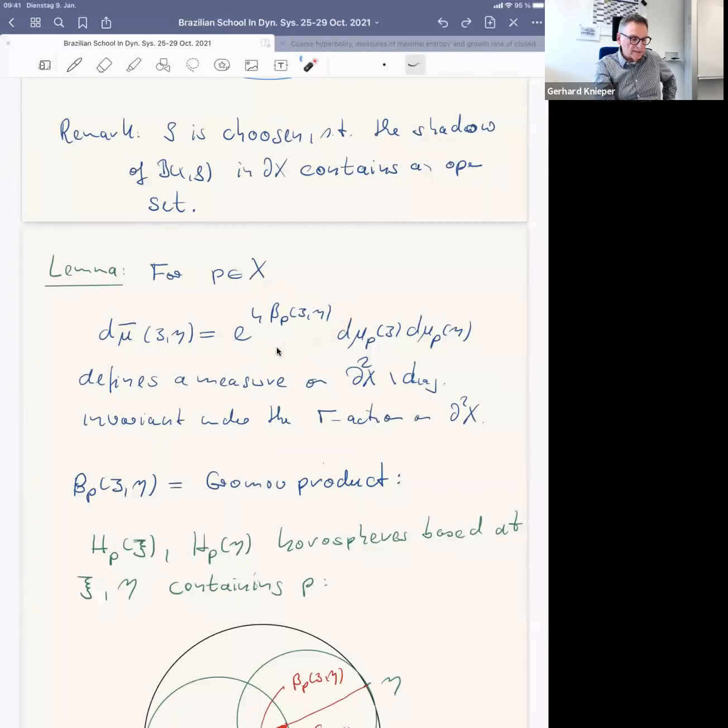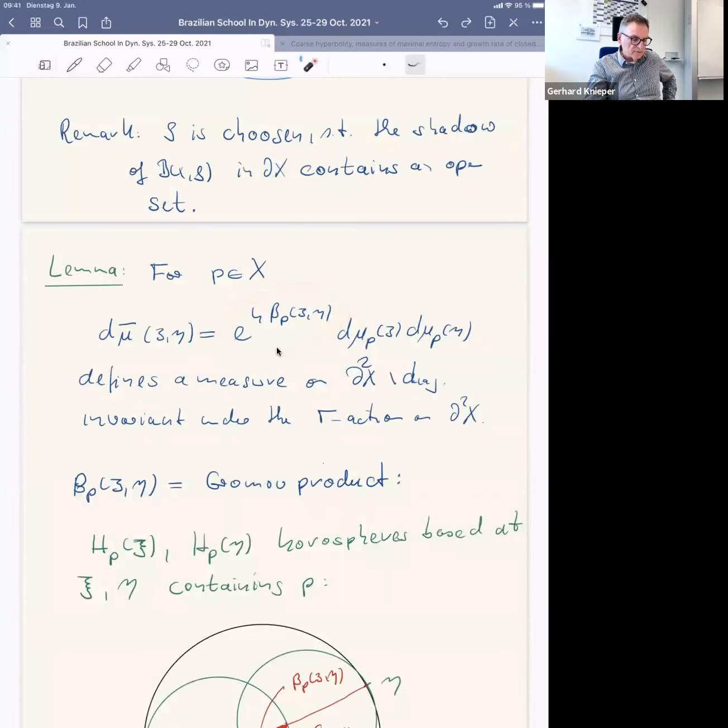So this is important. You also get a measure if you don't use it, but in order to get a measure which is invariant under the gamma action, you need to have this additional term here.